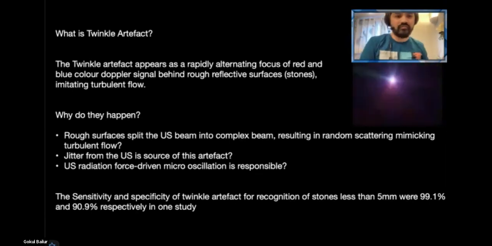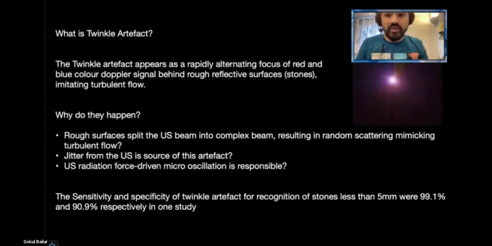So a few theories that I've come across and I've read about is that possibly because of micro oscillations that happen on a rough surface like a stone, especially calcium related stones. The other one is whether the ultrasound beam splits into multiple different beams, giving an impression of a turbulent flow. So turbulent flow causing aliasing and causing the twinkle disco kind of lights. And something related to ultrasound producing jitter and causing these artifacts.